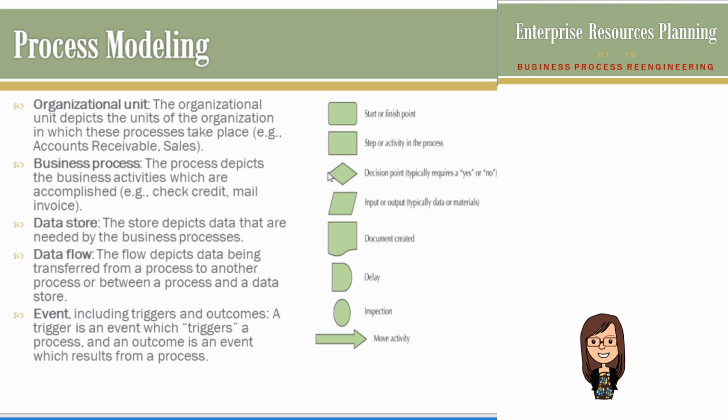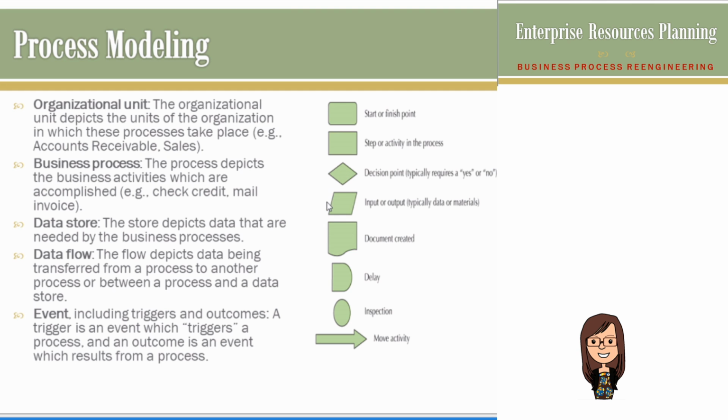The diamond is the symbol of decision. If let's say you want to make a branch activity, when you need to choose yes or no, or activity A or activity B. So basically when you have a decision point, then you need to use this diamond.